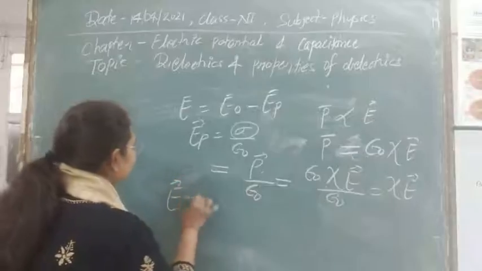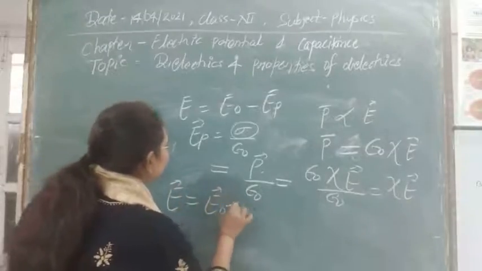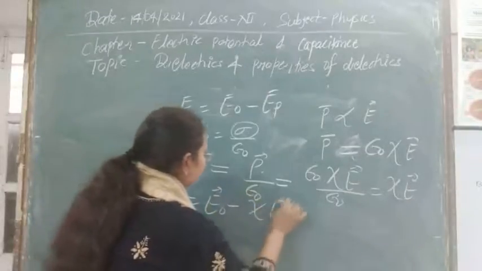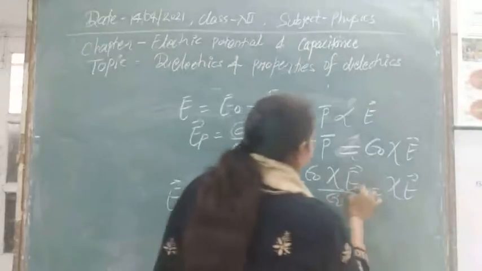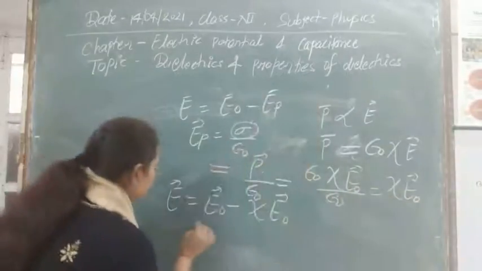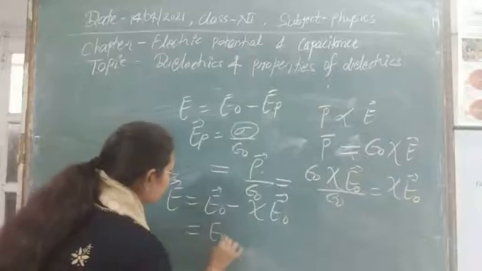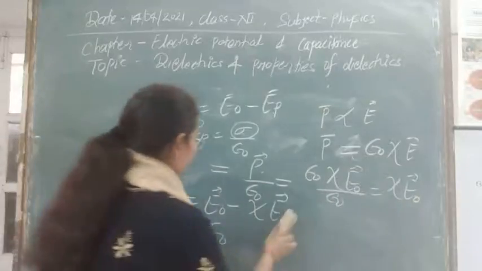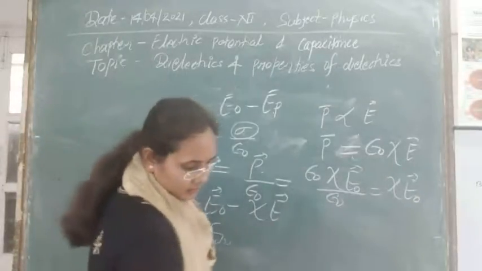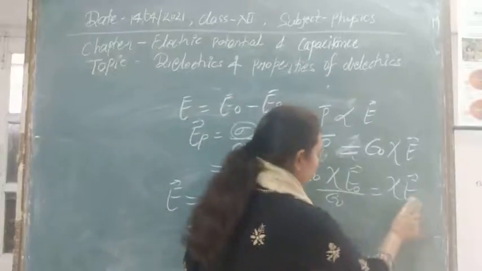So E is equal to E0 minus chi of E. Sorry, I think E should be here, not E0.